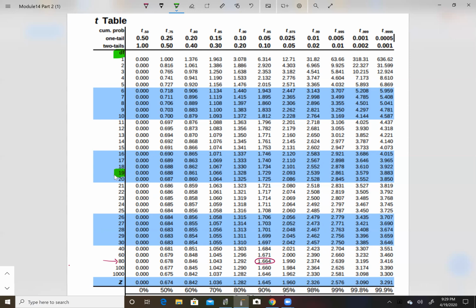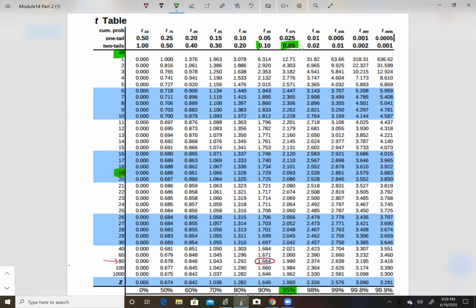And we're looking for 95% confidence at the very bottom. You can see up here at the top, it's saying if it's both tails, what's left over is 5%.